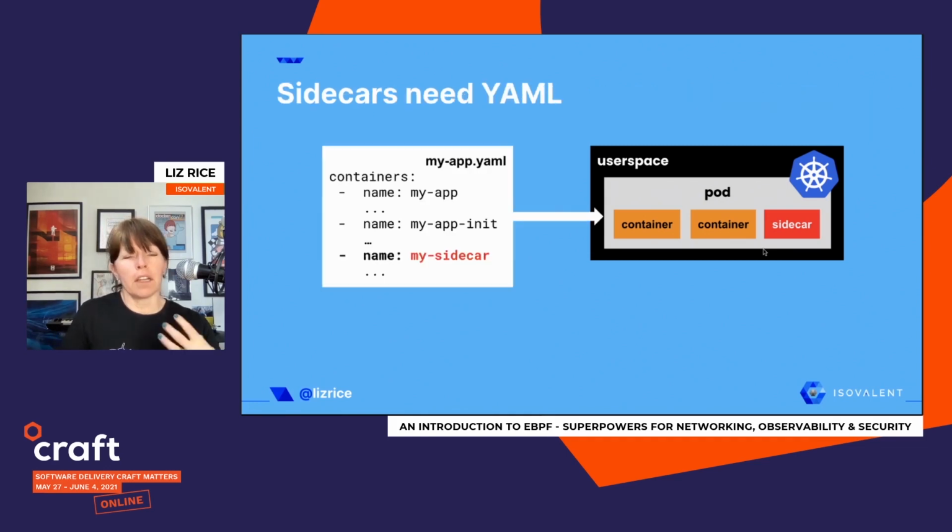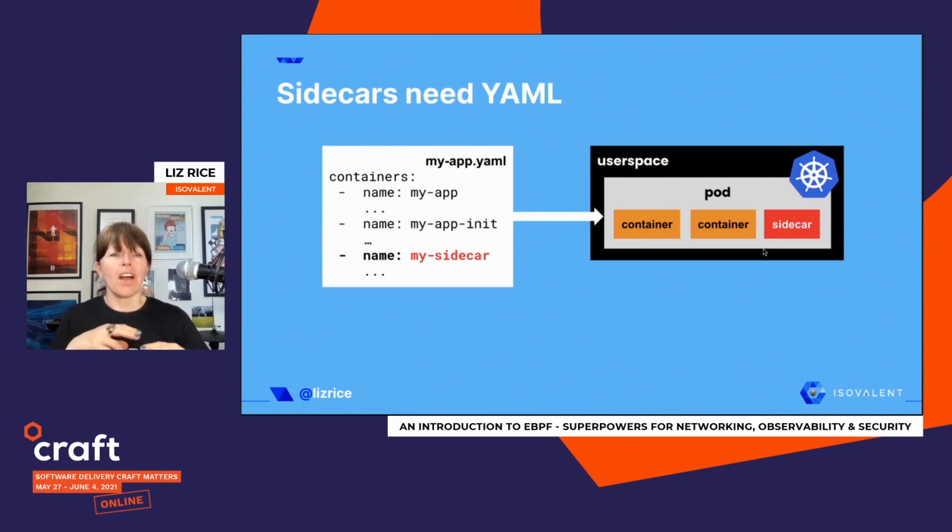Now, you might explicitly configure that in your pod definition, or that YAML might be added automatically for you. Sometimes there's pre-processing for all your pod definitions that injects the sidecar YAML, the containers for your sidecar, into every pod, or it can even be done dynamically using admission control.